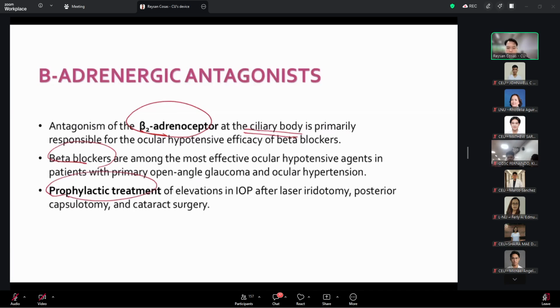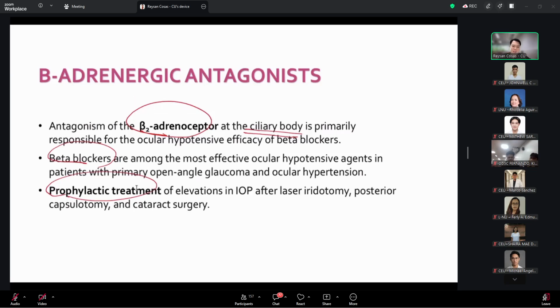Doc, what if I'm already taking tablet, yung oral beta blockers, and then I have timolol as my drug. Tingin niyo ba, will there be additional benefits in lowering the intraocular pressure? Yes or no?